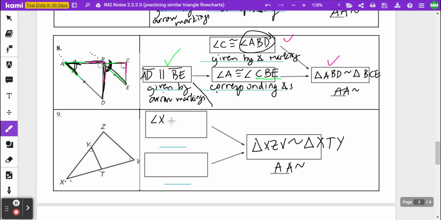Angle X is congruent to angle X reflexively. And angle XYT is congruent to angle V, which is given by the angle markings.